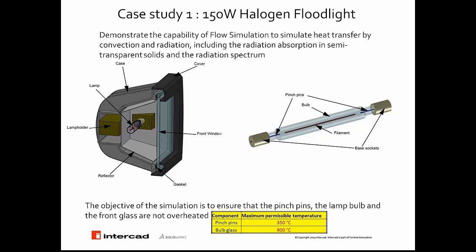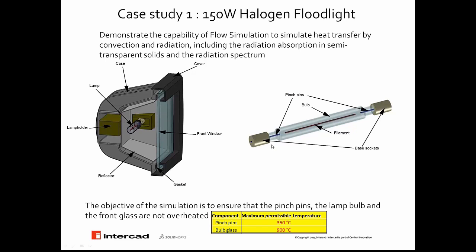We're considering a halogen floodlight with an aluminum housing, or case, as you can see in the picture. It contains a quartz glass front window, an aluminium internal reflector, a ceramic lamp holder, and finally a 150 watts linear halogen lamp.